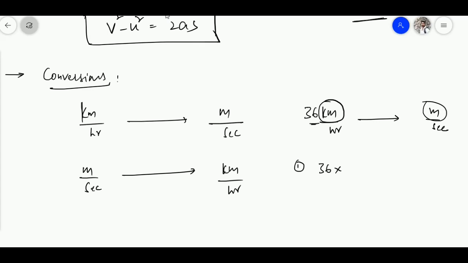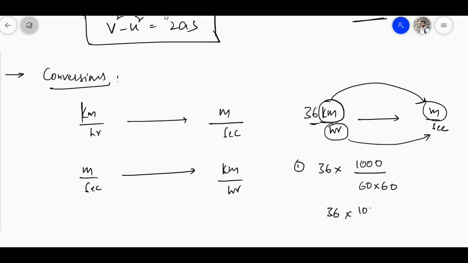From left to right, 1 kilometer equals how many meters? 1000, divided by 1 hour equals how many seconds? 1 hour equals 60 minutes and each minute gives one more 60 seconds. So that is 36 into 1000 by 3600.